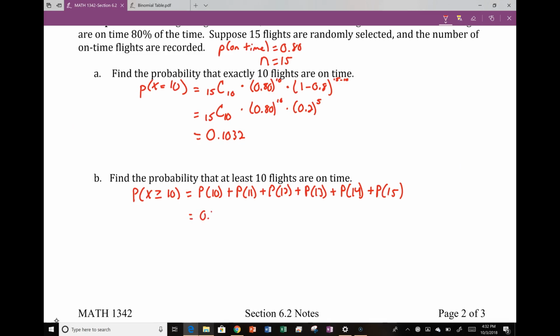So we have 0.103 plus 0.188 plus 0.250 plus 0.231 plus 0.132 and 0.035. I add all of these up and it's 0.939. So if I want at least 10, that means I'm going to be doing some adding up. That's where I can use that table to help us out a little bit.